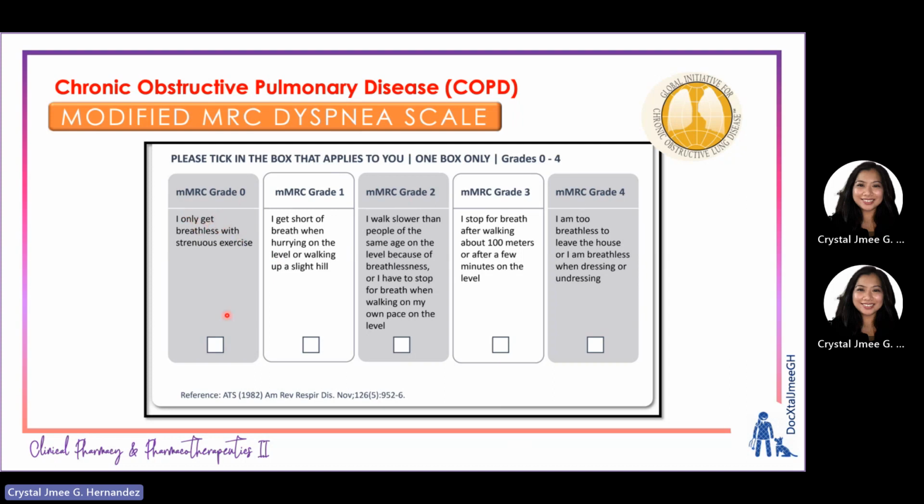So the patient just needs to tick the box that applies to the current signs and symptoms. Remember, the patient would only tick one box only. So basically, we would follow which has the greater alignment of signs and symptoms.